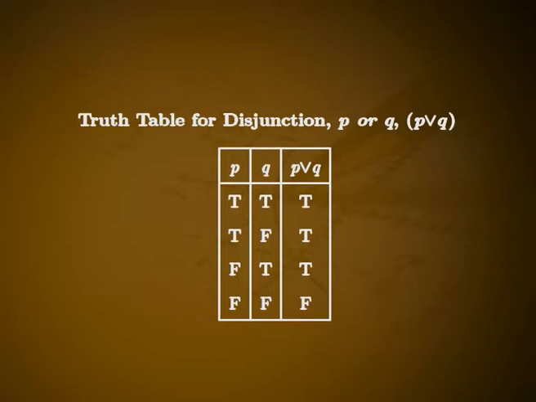Next is truth table for disjunction P or Q. If P true, Q true, P or Q is true. If P true, Q false, P or Q is true. If P false, Q true, P or Q is true. If P false, Q false, P or Q is false.